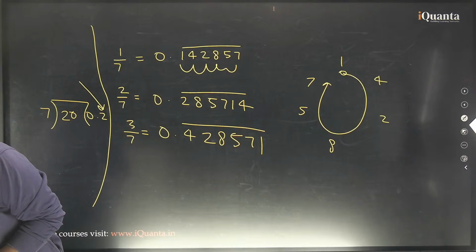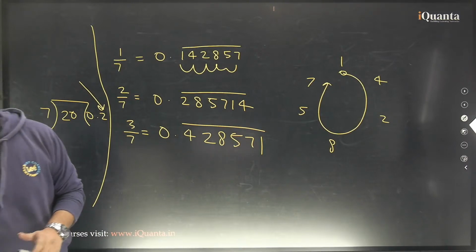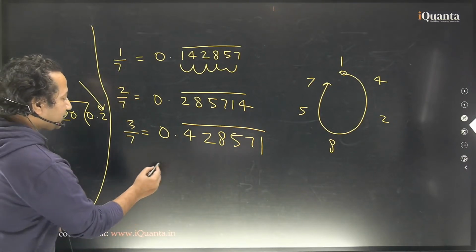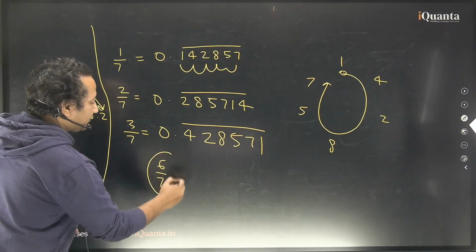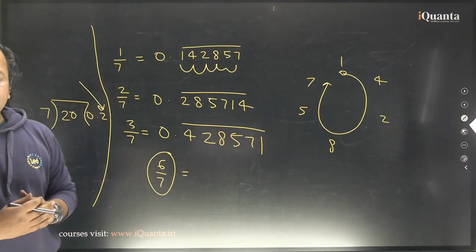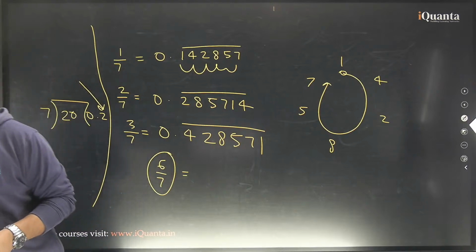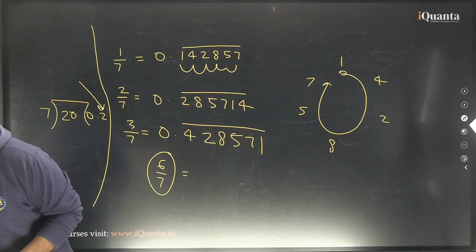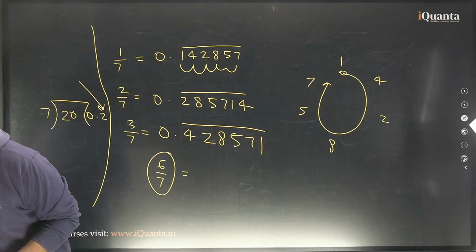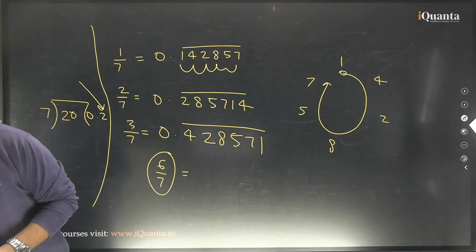And now if this is clear, you guys have to tell me the value of 6 by 7. Be quick, tell me, and we'll move on to the next shortcut. 6 by 7, what should be the value? Come up with your answers.